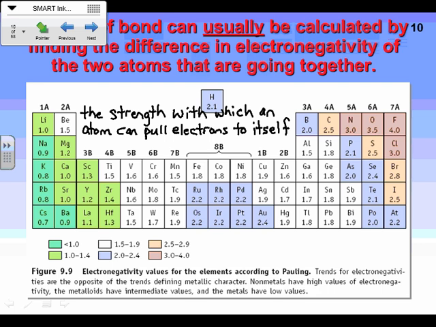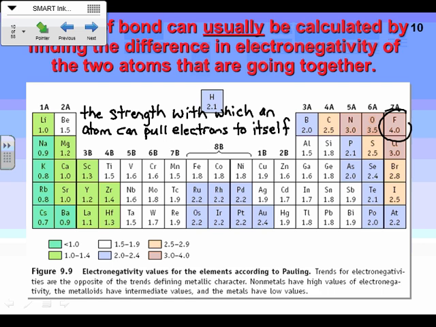One example of something that's very electronegative: if you look at these values on this chart, this is showing you electronegativity values. So we can assign a number to how electronegative it is. Fluorine is the most electronegative on the periodic table. It has an electronegativity of 4.0.